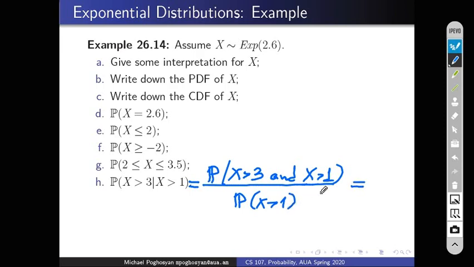The intersection is just X larger than 3.